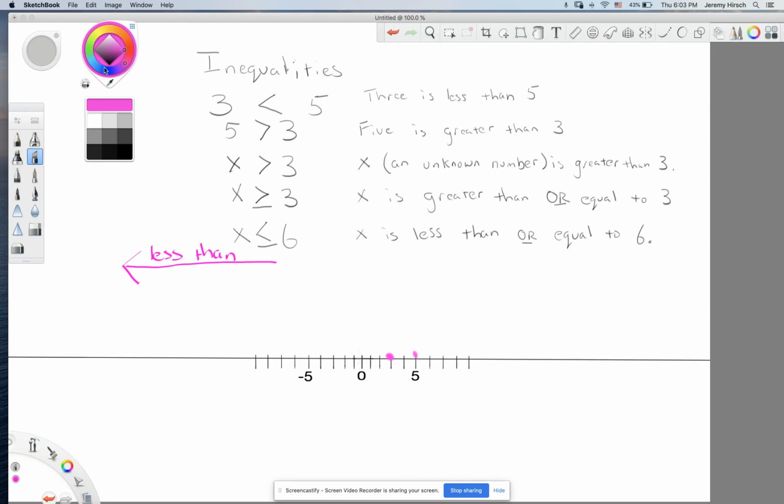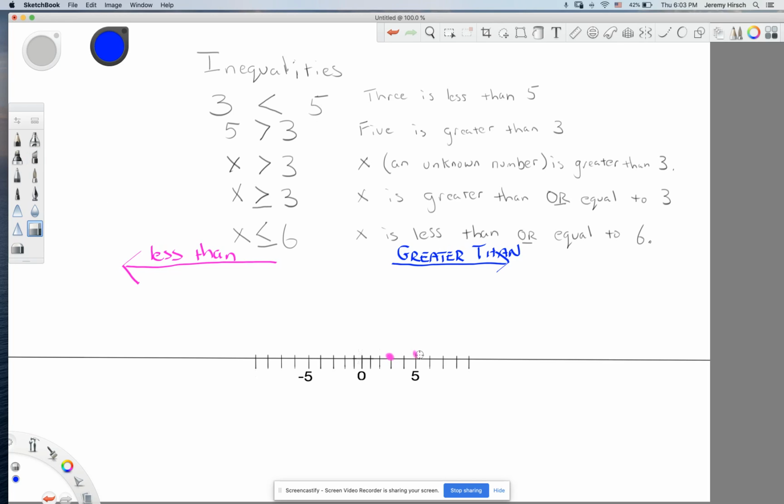And this way is always going to be greater than. So if you move to the right, you are always going to see a number that is greater than. So 5 is greater than 3, like the second one.